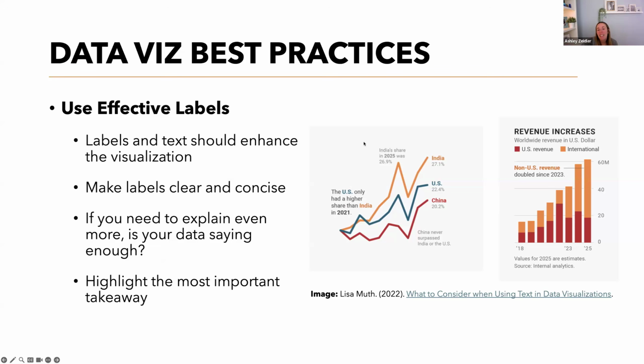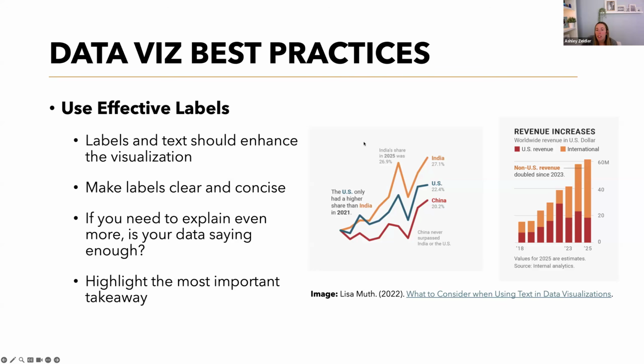But text on data visualizations can come in the form of labels, a summary paragraph, a title, a legend. So this text is there to enhance the interpretation of the visualization. You don't want to take attention away from the data. So specifically, labels are important for any data visualization, and they should be clear and concise, and they should accurately describe the data that's being represented.